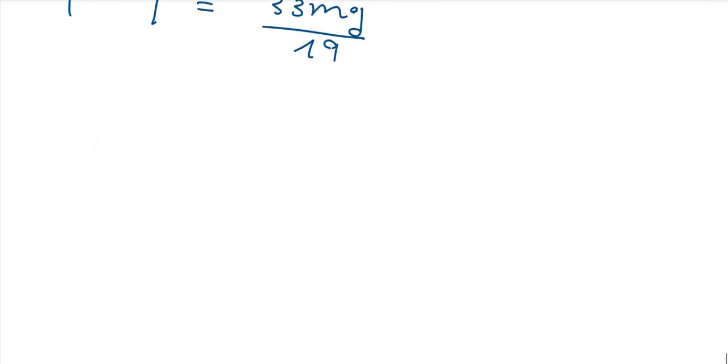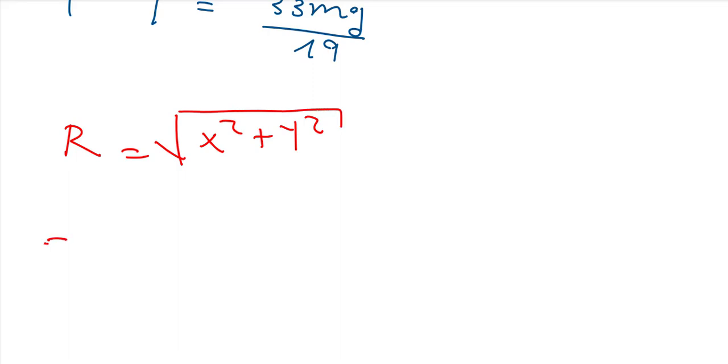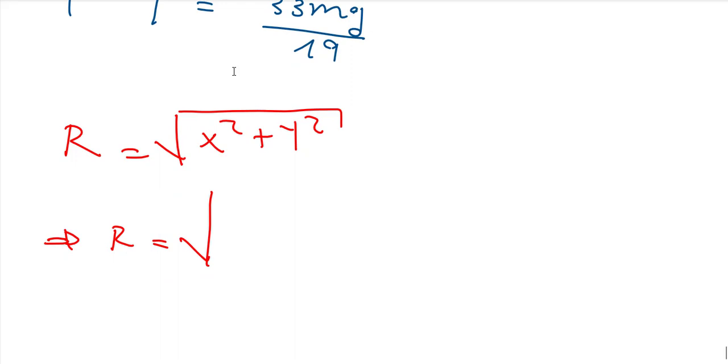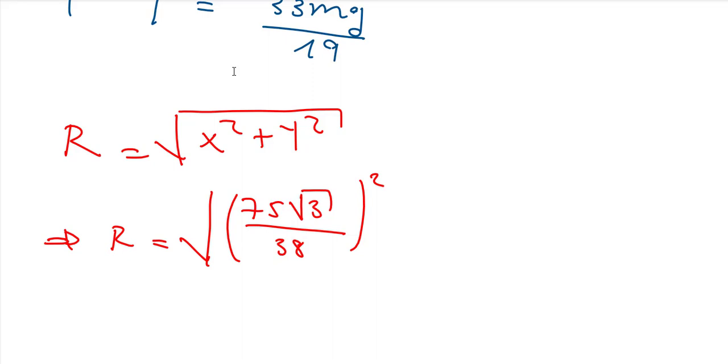So we are asked to find the magnitude of the reaction force. So the reaction force R will be the square root of x squared plus y squared. So this means my R will be equal to the square root of 75 root 3 on 38 all squared plus 33 on 19 all squared.